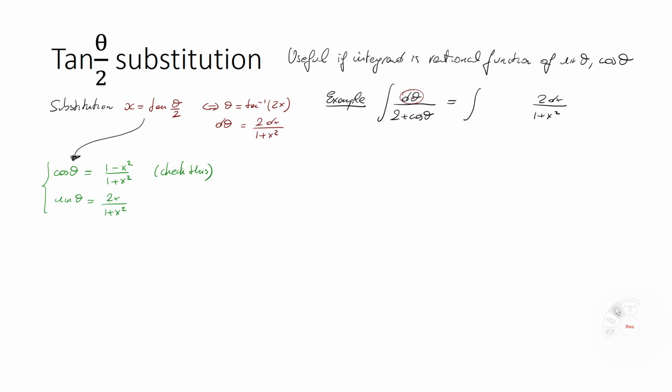So that's our differential. And then the integrand itself, well, it's 1 over 2 plus cosine theta. And for that, I'm going to have to use my formulas that I derived, and write this as (1 minus x squared) over (1 plus x squared). And now you can see, I have a nice rational function in terms of x.